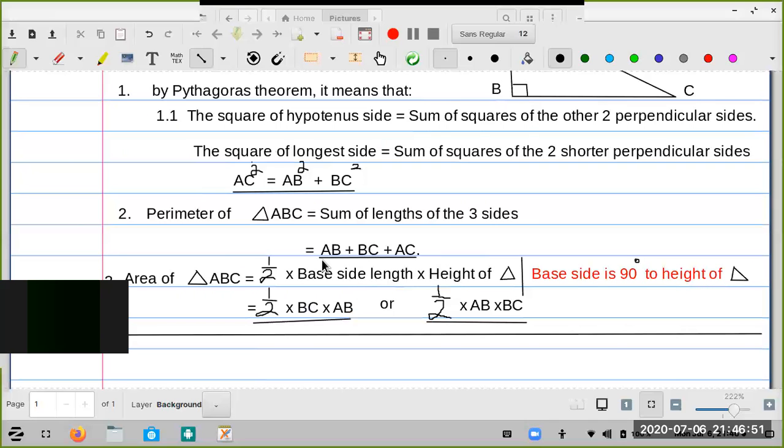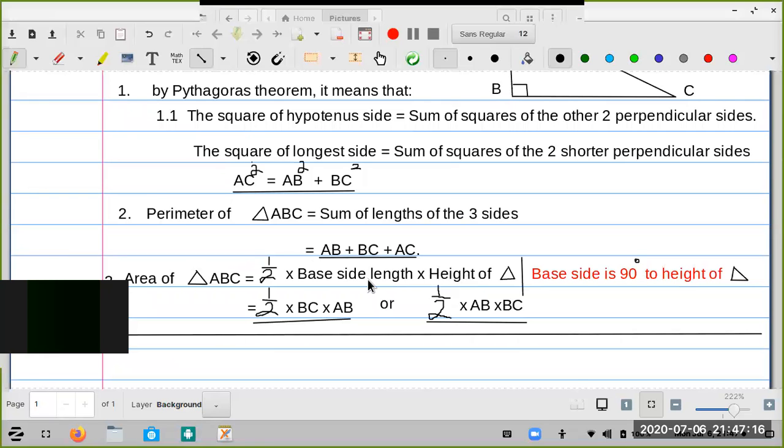Again, the base side is not always at the bottom. You may find that the base might not be at the bottom, might be on the side, or might be at an angle, right? So these are just terms that are used so that we identify those sides of the triangle.